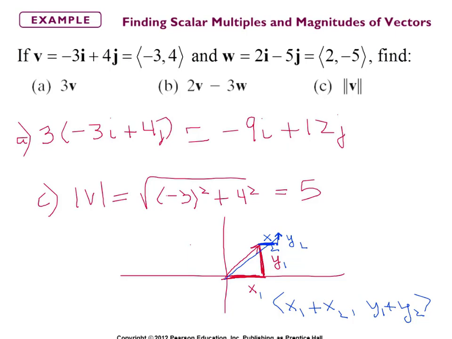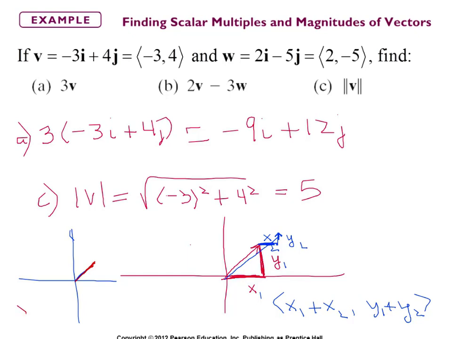Which part of this feels like you're memorizing? Because I don't want you to memorize this stuff. No, it's clear. With the drawing, it's clear. Okay, good. All we're doing is adding or subtracting vectors. If you have a vector that's this long and you multiply it by 2, now it's going to be twice as long, right?